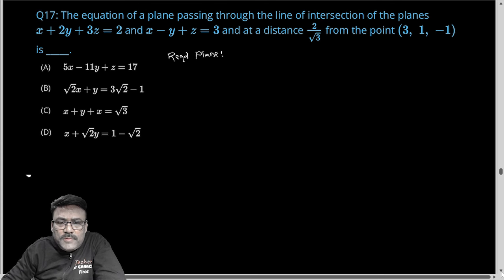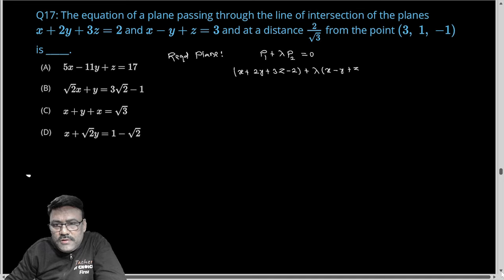So hence the required plane can be written as P1 plus lambda times P2. P1 is the first plane, P2 is the second plane. So it can be written as x plus 2y plus 3z minus 2 is P1, then lambda times P2, x minus y plus z minus 3, is equal to 0.